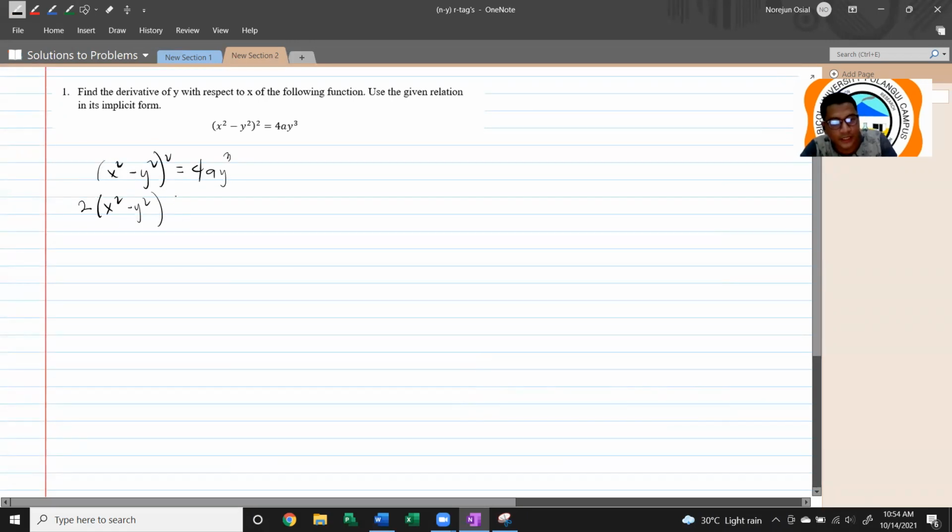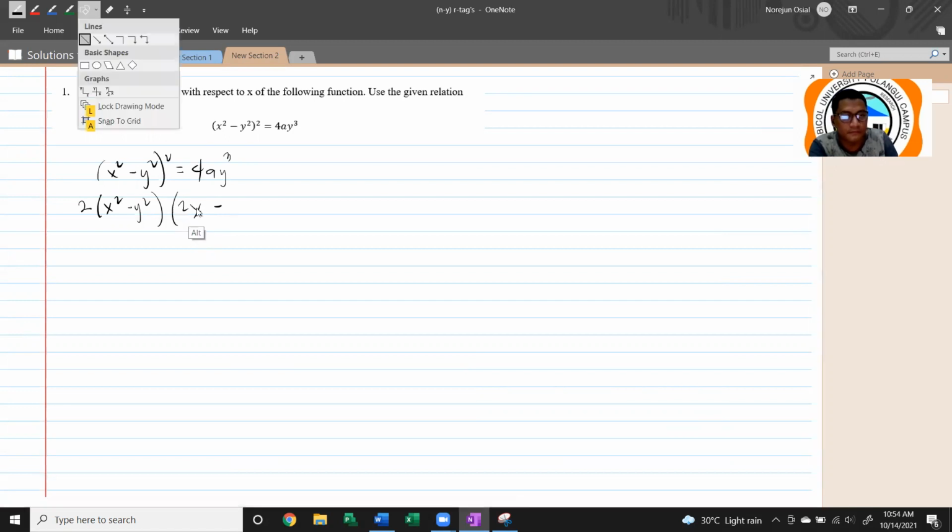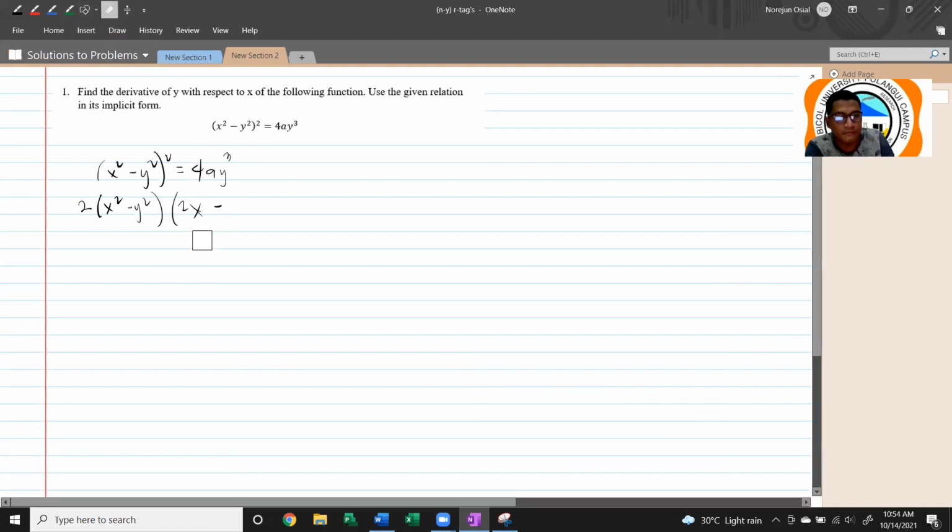So this becomes 2x minus 2y times the derivative of y with respect to x, equals 4a times 3y squared times the derivative of y with respect to x.